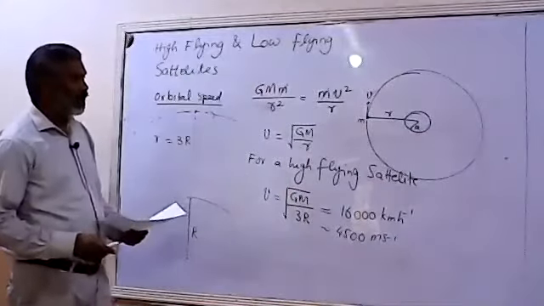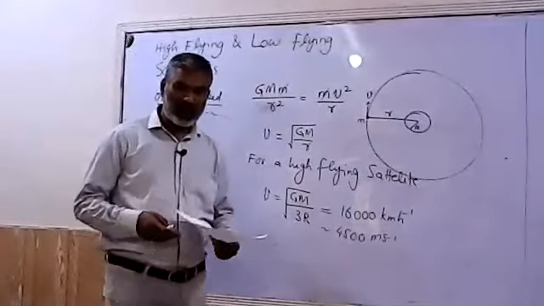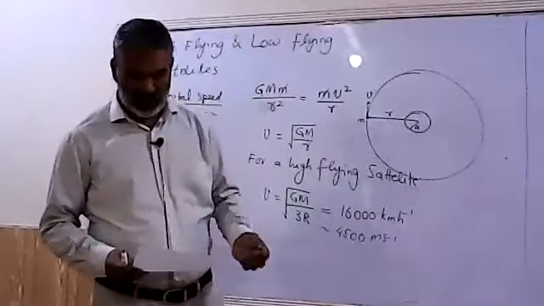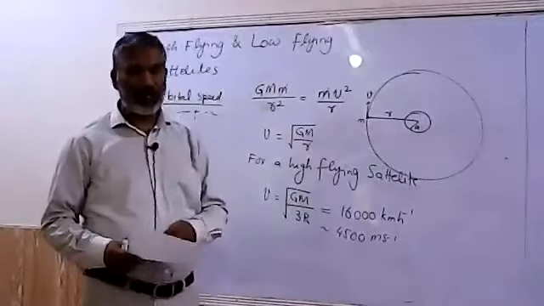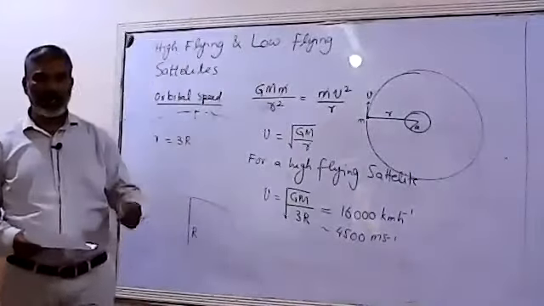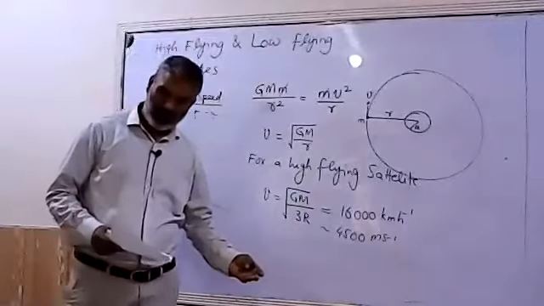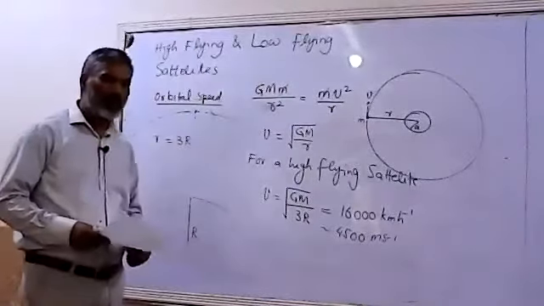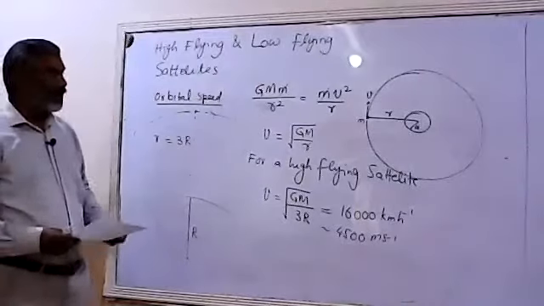How do we calculate the kinetic energy, because that is also an important variable. We often calculate the energies of the satellites, sometimes kinetic energy alone, sometimes kinetic and potential energies are to be calculated, and then the total mechanical energy, and we later on learn how the potential energies are calculated.